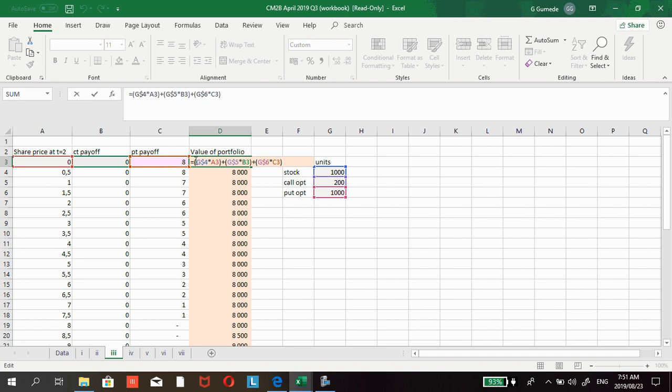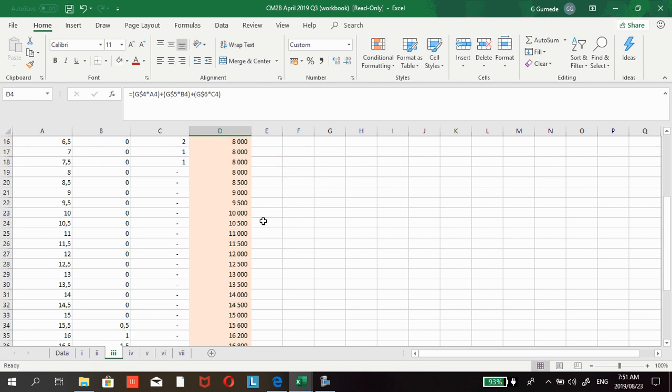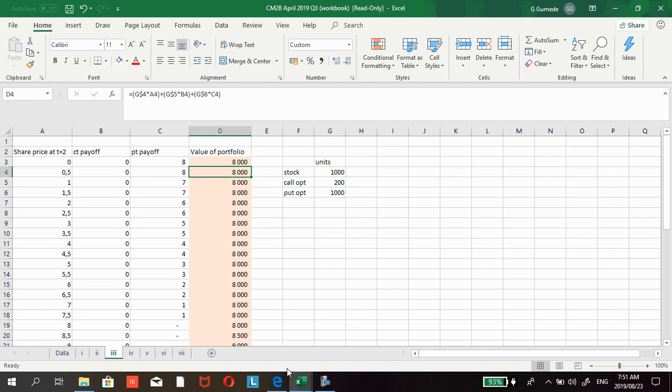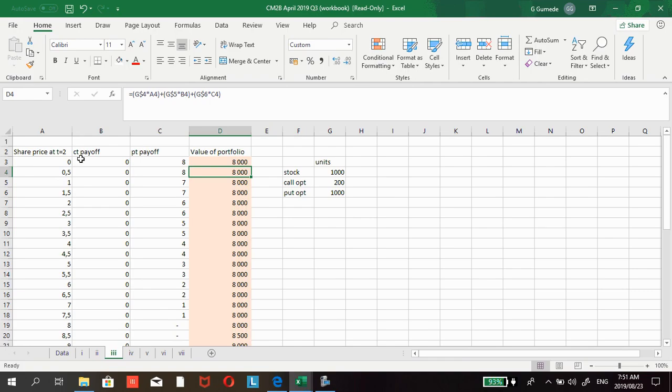Now, if you put a dollar on both, it means we are locking your value going across and going down. So I wanted to make sure that everybody understands that. Okay, so this is the value of the portfolio at maturity. So it is made up of the share price at maturity, the payoff of the call option at maturity, and the payoff of the put option at maturity. Okay, so I've answered the question.